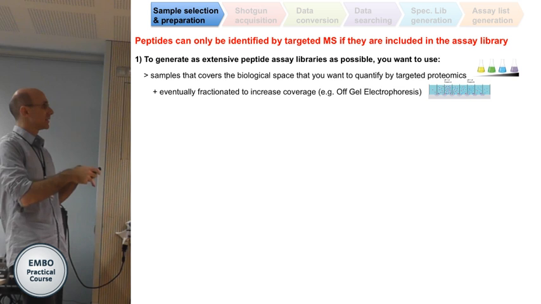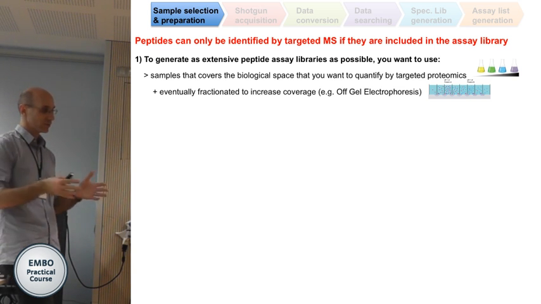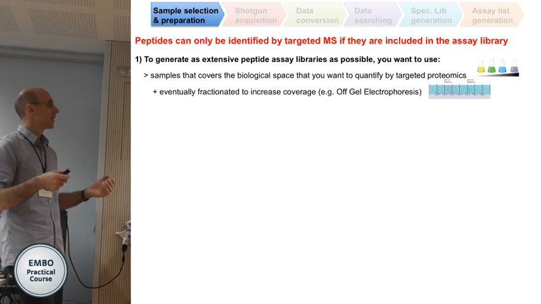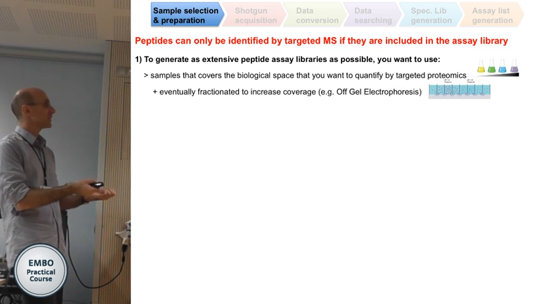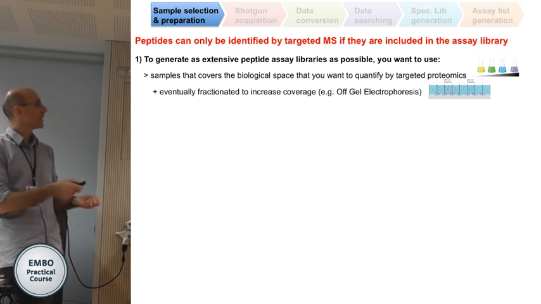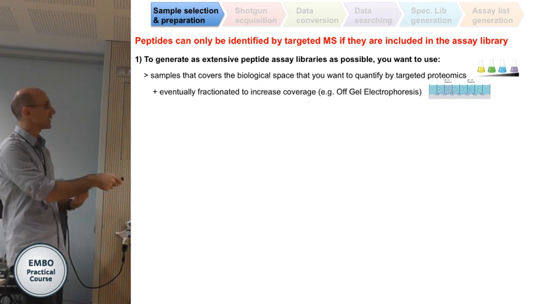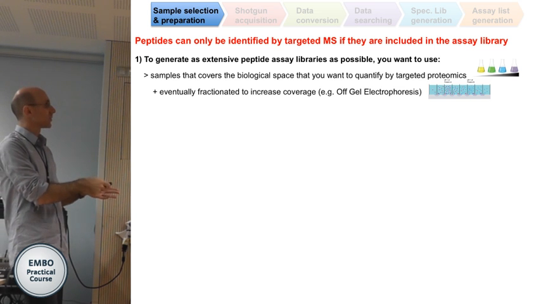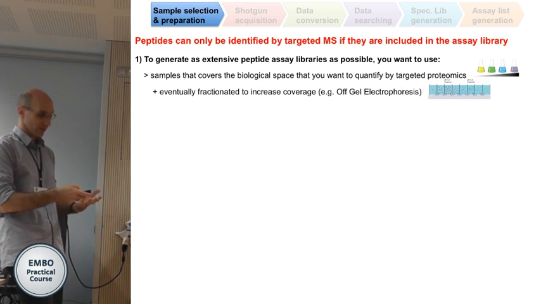There, instead of having one sample that you inject in shotgun, you fractionate it into 12 fractions, for example. So each sample can be injected 10 or 12 times more concentrated, and therefore you gain in sensitivity in the shotgun library, and you also gain more assays than you would if you just shot one single time point in shotgun. So fractionation helps the deeper sequencing of your sample.